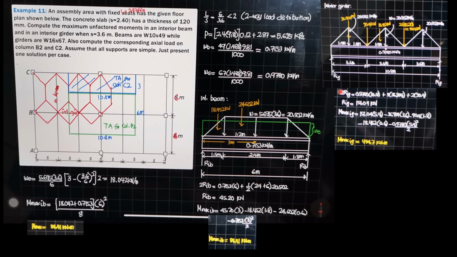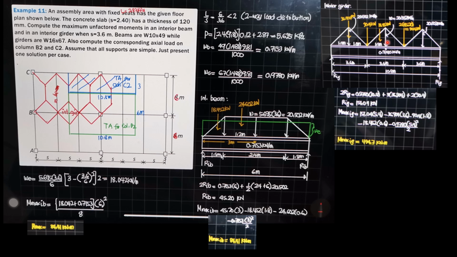So it is RIG, 151.04 times moment arm half of 10.8, which is 5.4, minus 36.904 times 3.6, then minus 90.4 times 1.8, then minus this is 18.452.